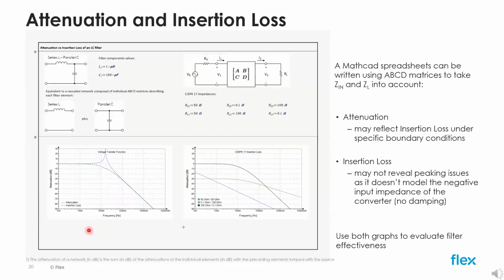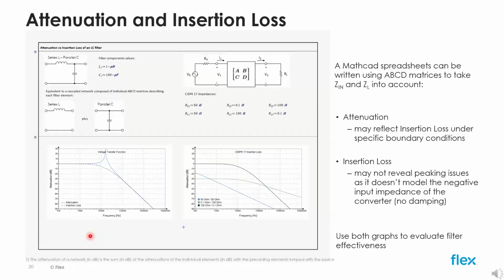It's time now for some important observations. The attenuation versus insertion loss definition is just a way to highlight the different boundary conditions, but it's not entirely accurate. In both cases, we are computing the voltage transfer function, just using different assumptions.